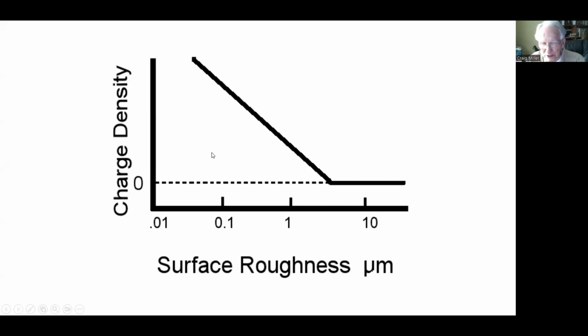This increases, and finally you end up with a uniform surface charge, which turns out to be very similar to the charge that would occur if you apply DC voltage. And as I said, work with alumina and other ceramics, glasses, and organics all show this, though of course the numbers are different.